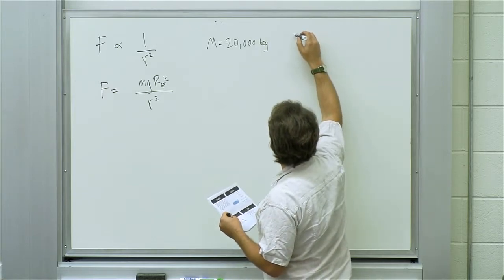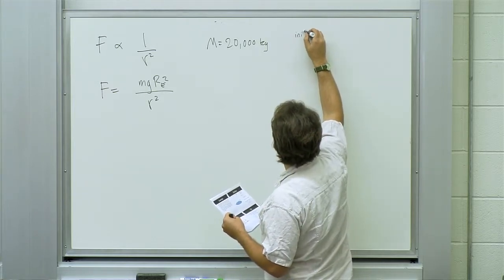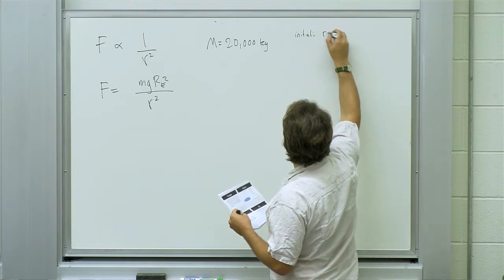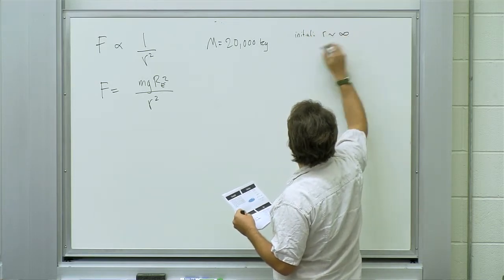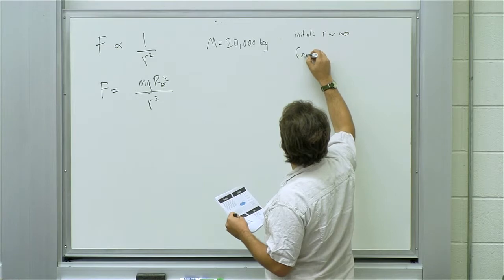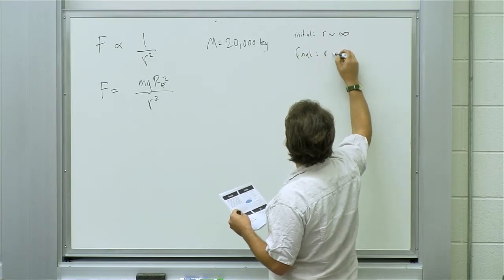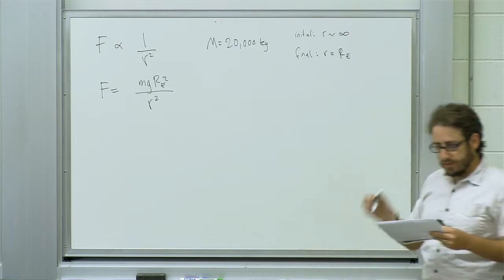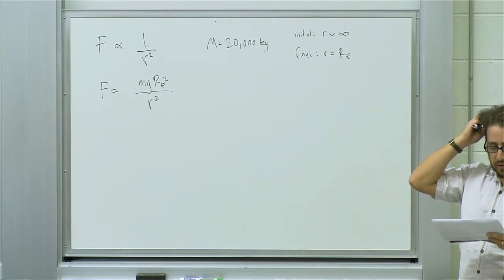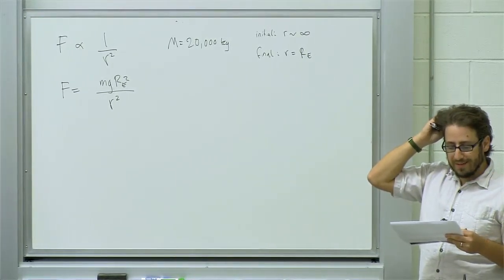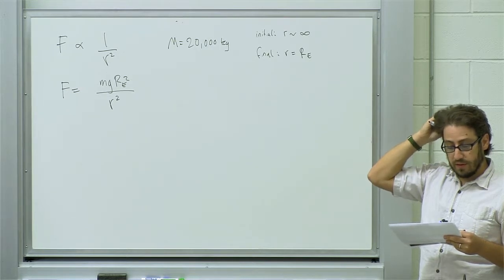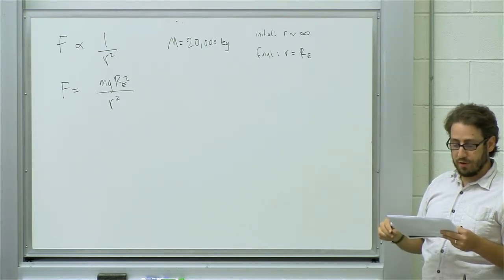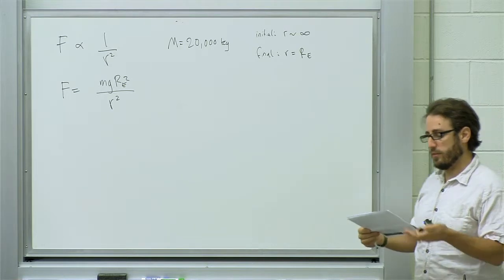All right, so initial position, r is basically infinity. Final position, r equals r_E. What will be its speed as it strikes the Earth's surface? And how much kinetic energy will it impart to our planet? Ignore the effects of Earth's atmosphere.